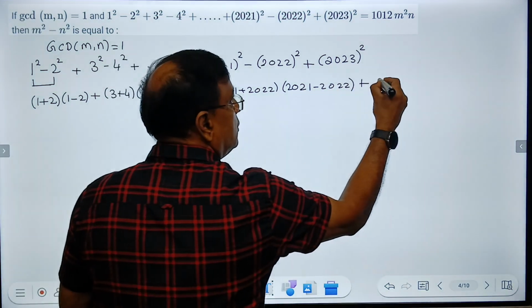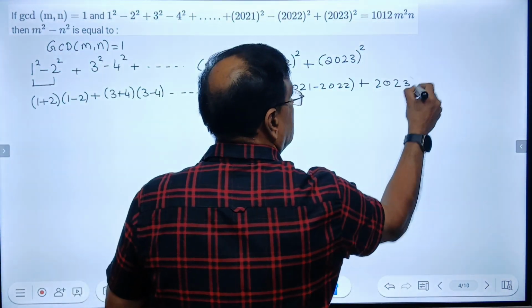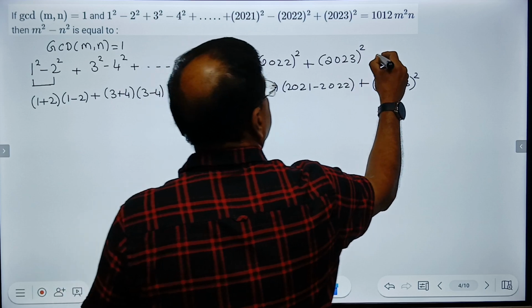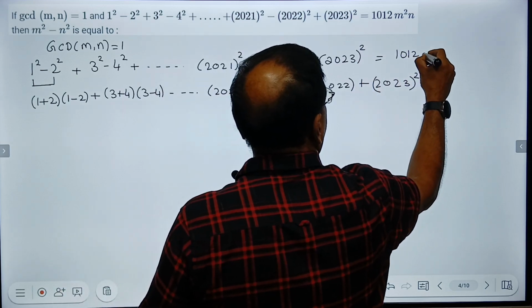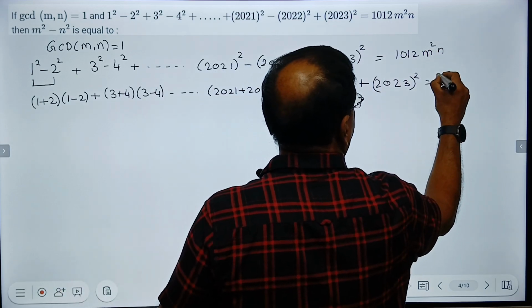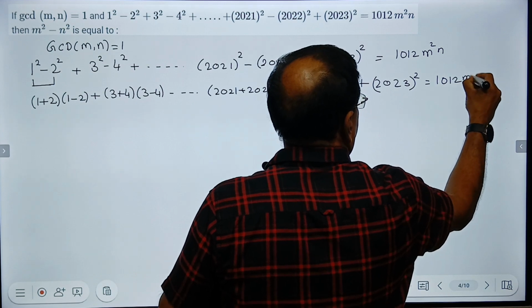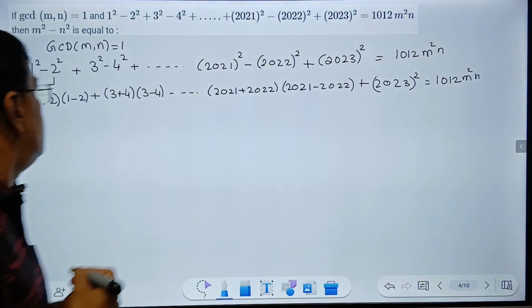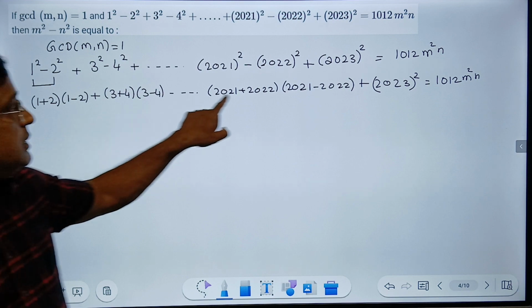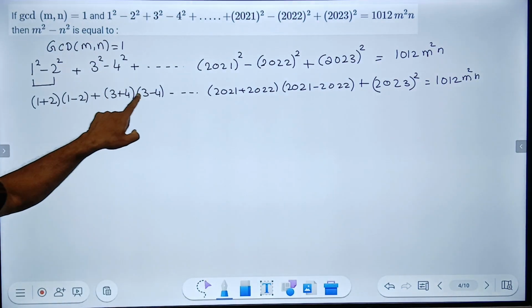And what is left out? 2023 the whole square. And this is given as 1012 m square n. I have to keep writing that. m square n. Is it clear? Now if you look at all the terms here, you get minus 1 as common. Can you see that?